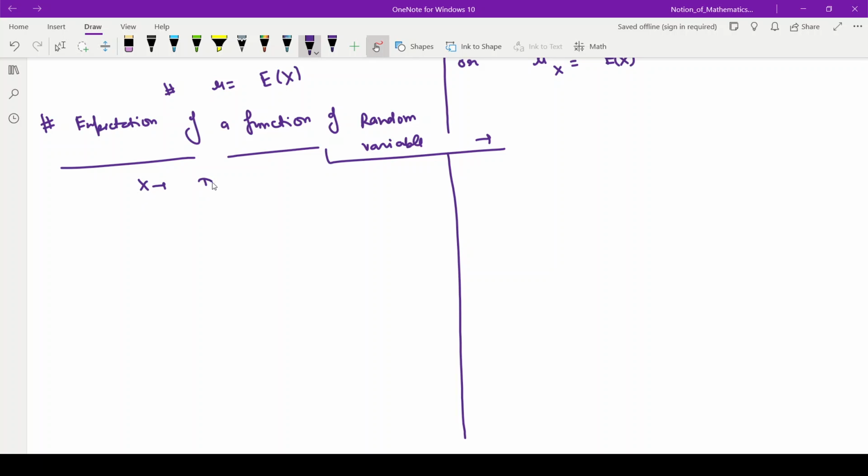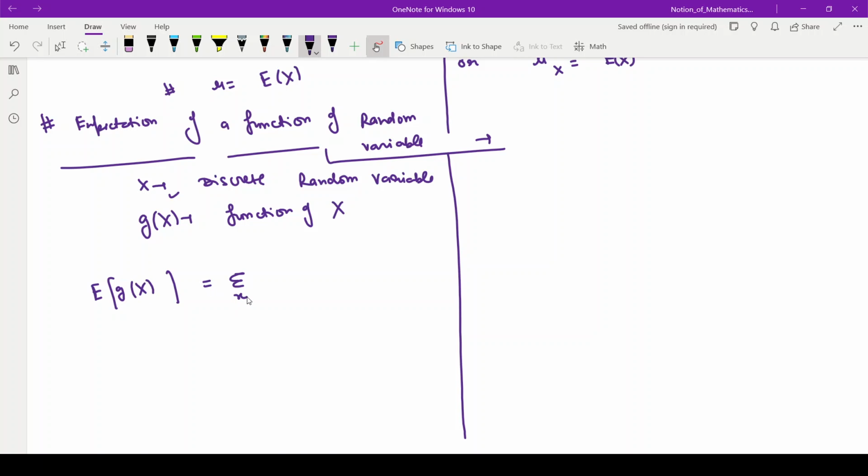When X is a discrete random variable and g of x is a function of X, meaning a function of this discrete random variable, how do we define the expectation of g(X)? That is summation over x of g(x) into f(x), where f(x) is the associated probability mass function. So this is the formula here.